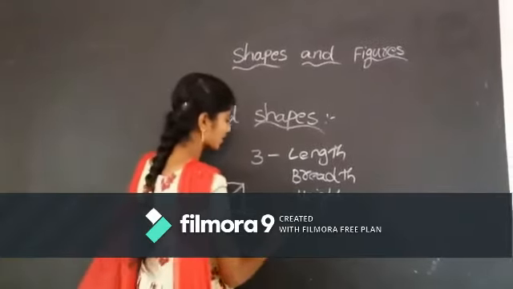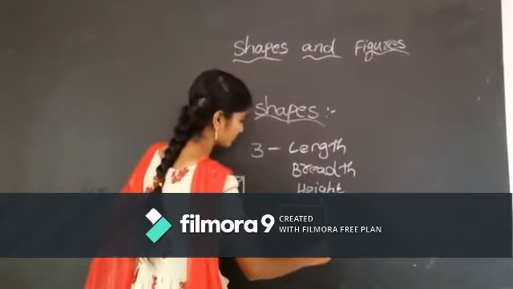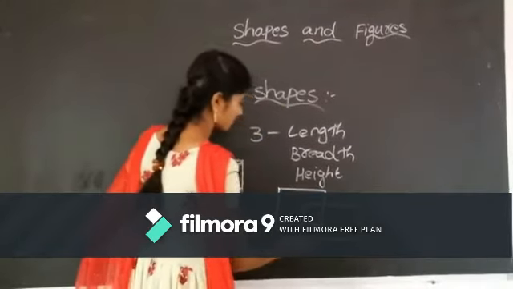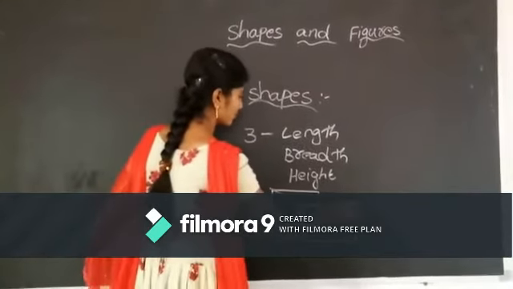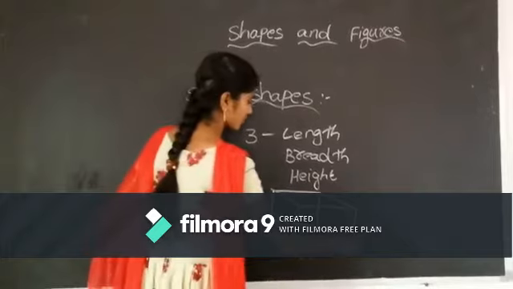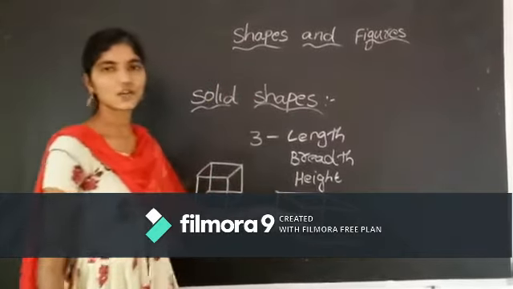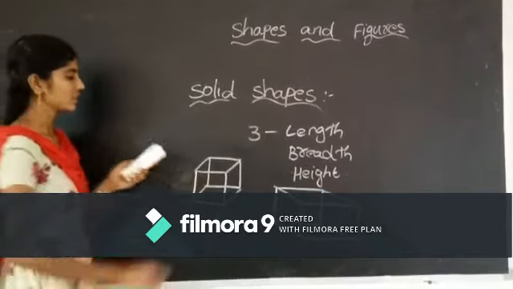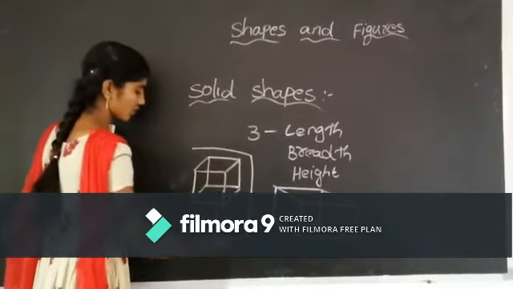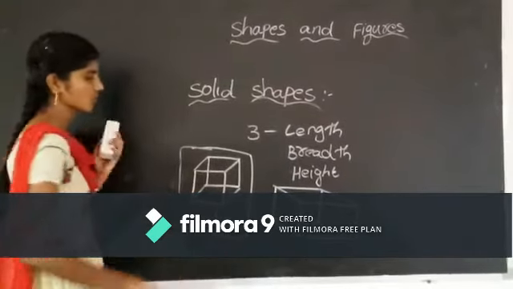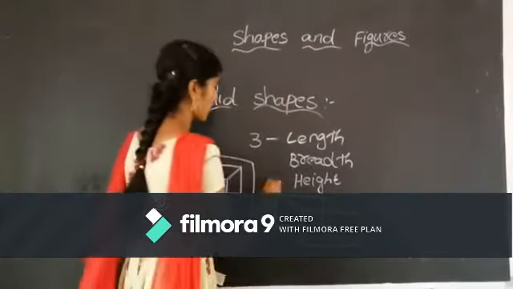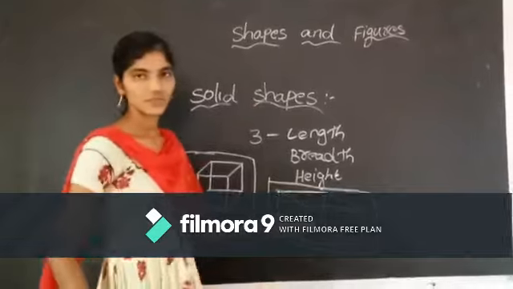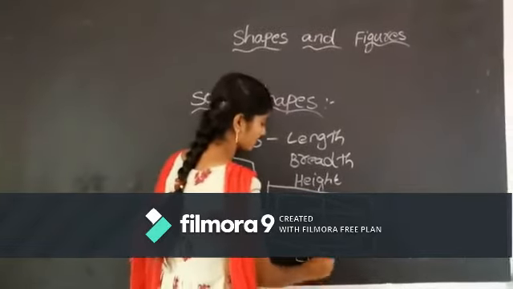Okay. Next one. This is a cuboid. This is cube. This is the shape in a square shape. And this is a cuboid. This is in a rectangle shape. This is a cuboid.